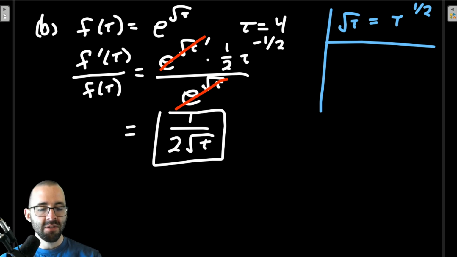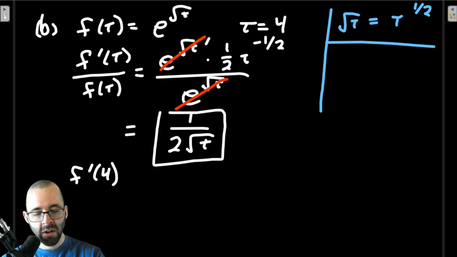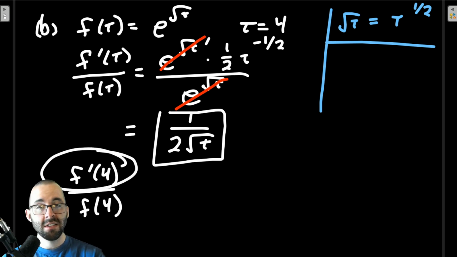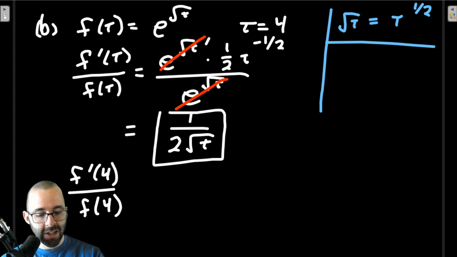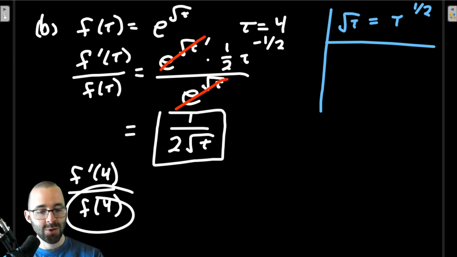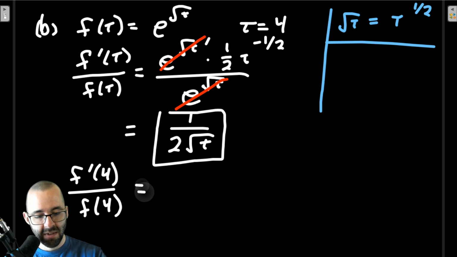So to find the percent rate of change when t is equal to 4, we're going to plug in 4. What is the derivative at 4 divided by the function at 4? What is the slope here? What is the rate of change normalized by the actual size of the function?